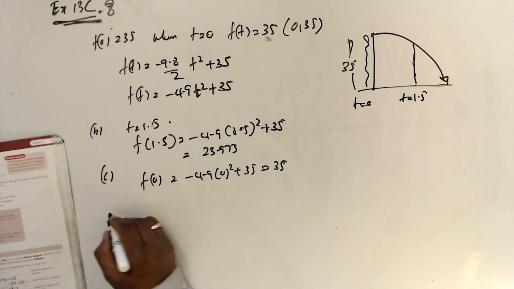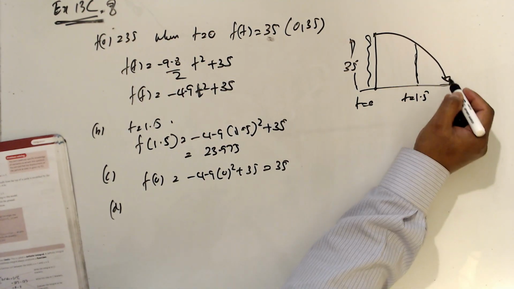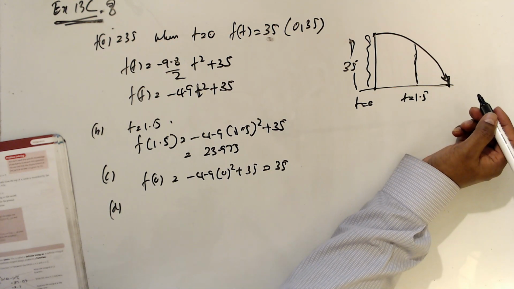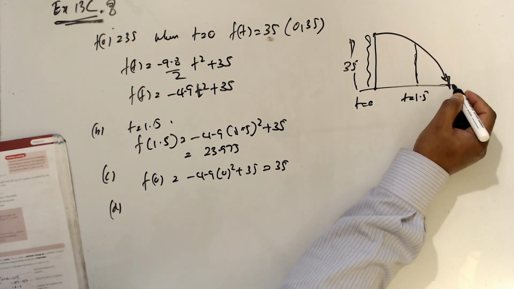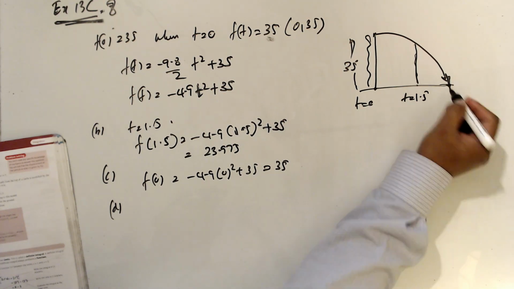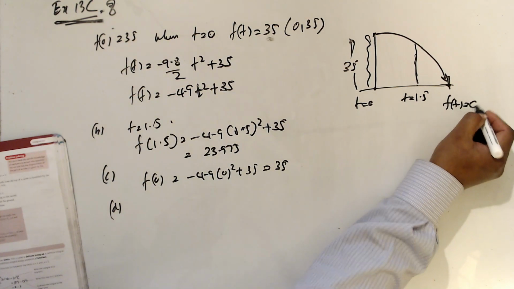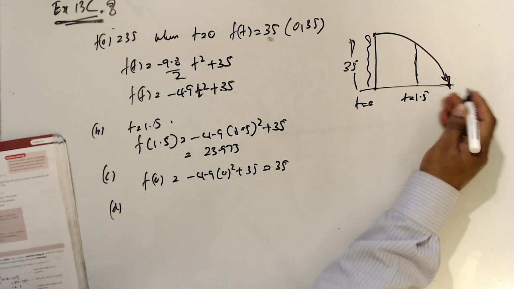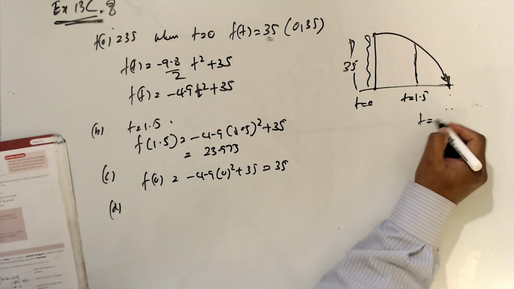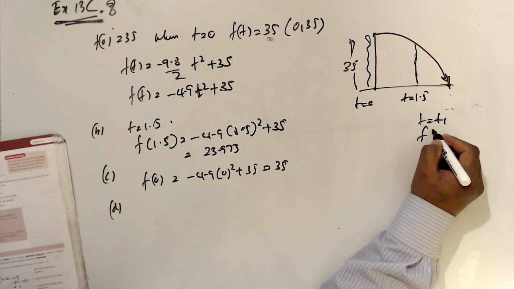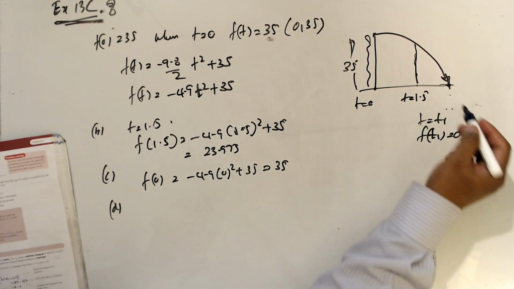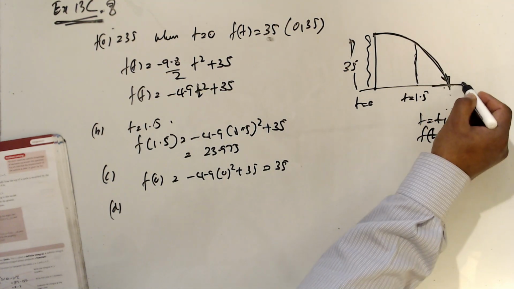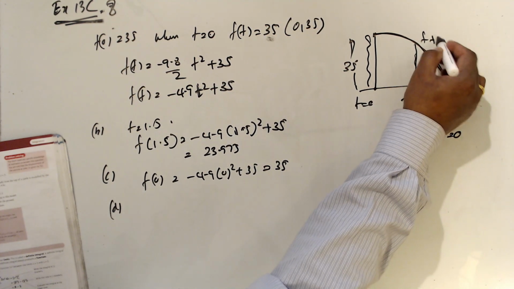So the other one, D, when it hits the ground, we want to find the time. It means f(t) value, the height, is 0. Let's say when t equals t1. This is a curve, right? This is the t-axis, this is f(t).